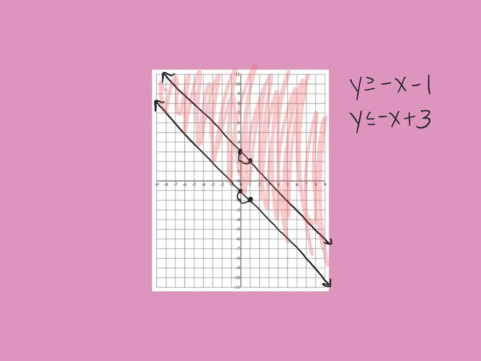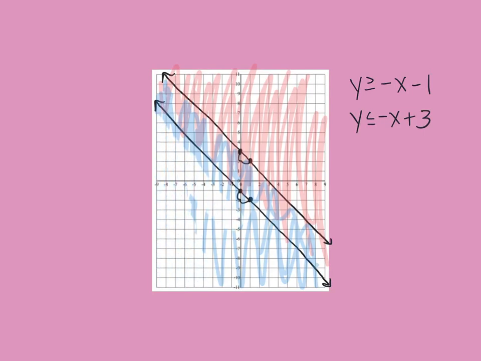And then our next one, y is less than, so I will shade below this line here. And I can see that they overlap right here in this section. So this is the solution, and I can get rid of my extra shading.